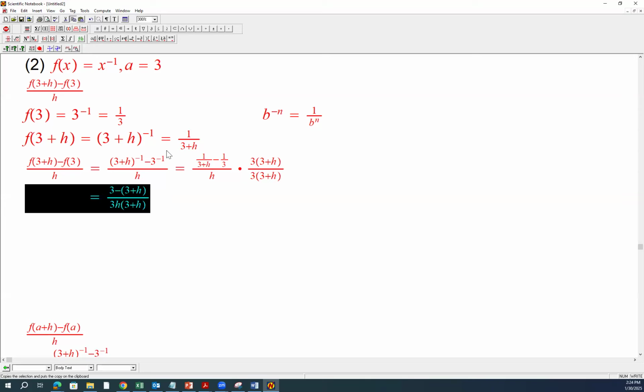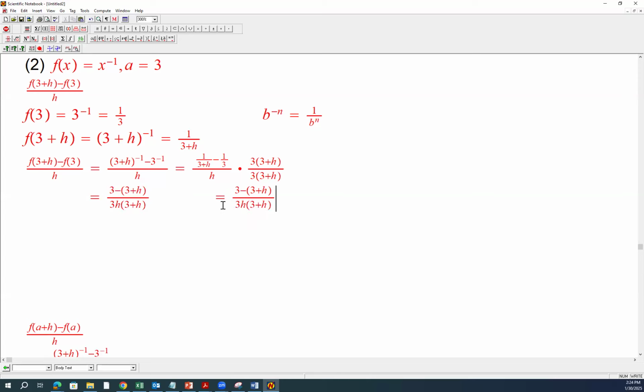If it's 1, we can omit it. And next, we are going to open up the parentheses. We're going to get a -3 minus h. Okay, it would have been a mistake if you keep the plus h. Okay, so by now, 3 minus 3 is 0.